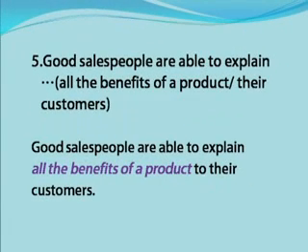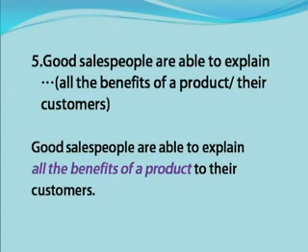The next question is number 5. Good salespeople are able to explain all the benefits of a product to their customers. So write down like this. Good salespeople are able to explain all the benefits of a product to their customers.